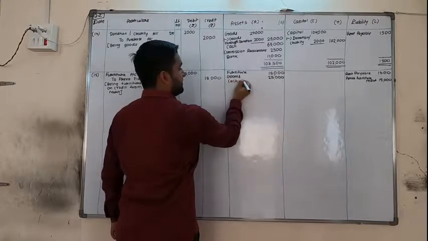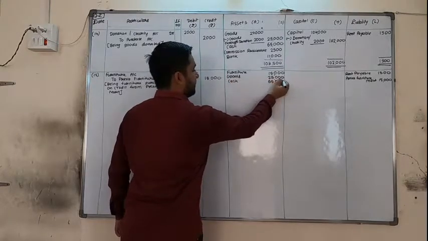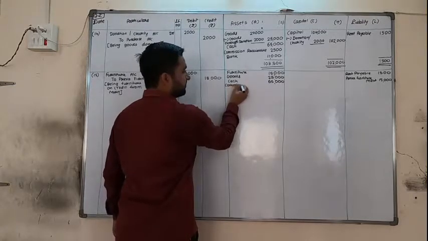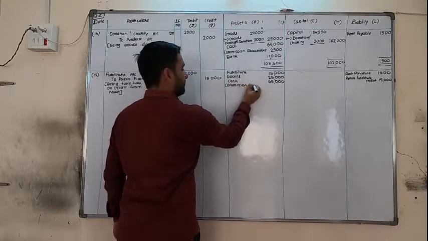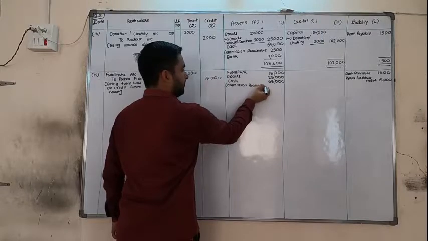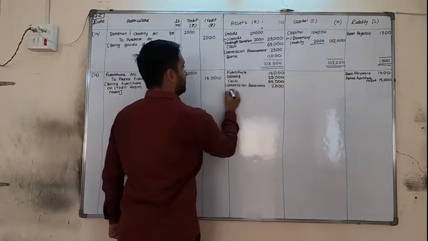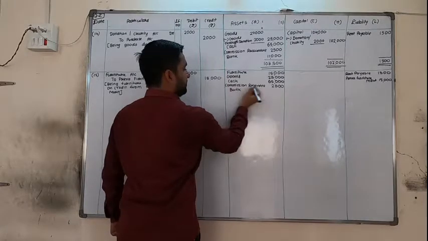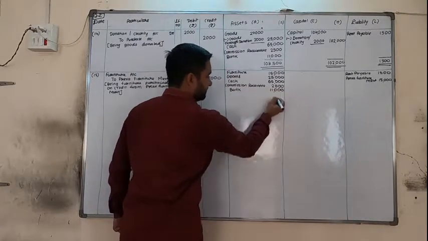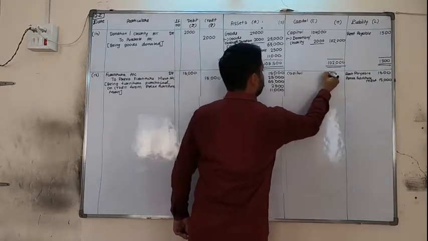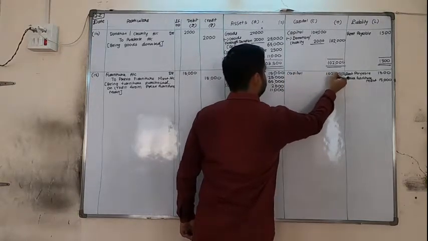Other all things will remain same, so goods will be 25,000. Cash will be 65,000. Commission receivable will be 2,500. Bank will be 11,000. Capital will be 1,02,000.